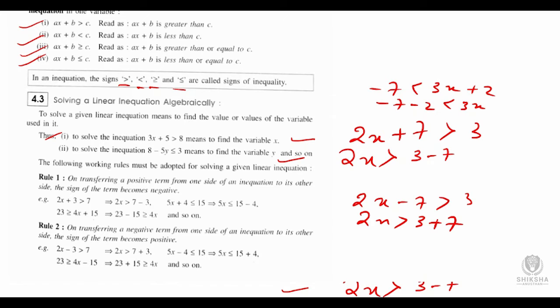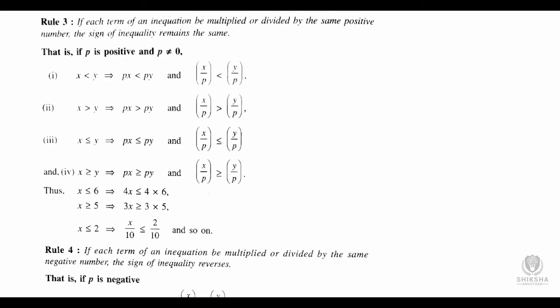Then the next property. If each term of the inequation is multiplied or divided by the same positive number, the sign of inequality remains the same. Like if there is x less than y, and if you multiply by p on both sides, it becomes px less than py, and the same goes for x by p less than y by p, multiplied or divided.